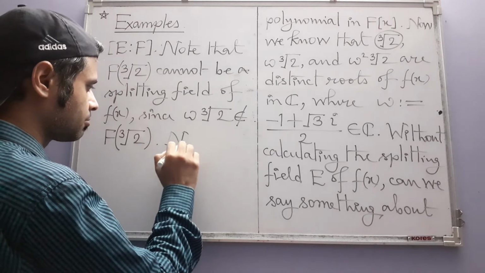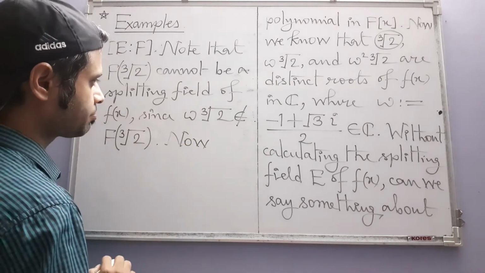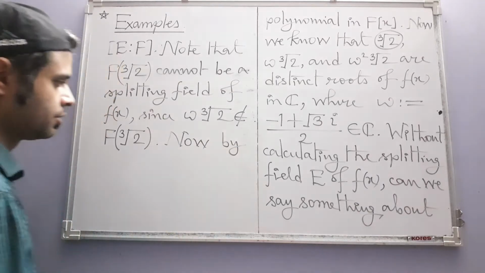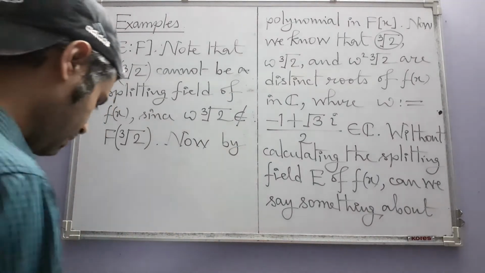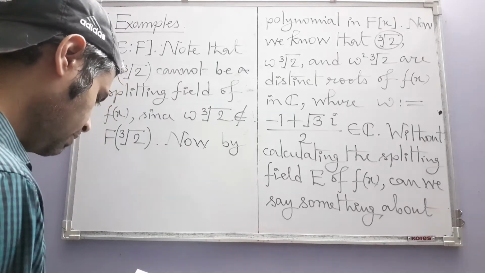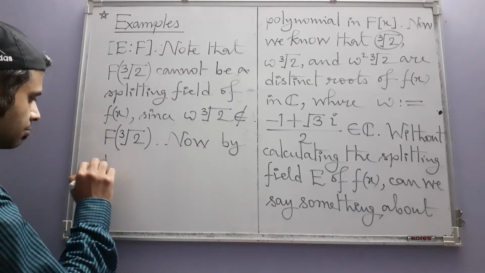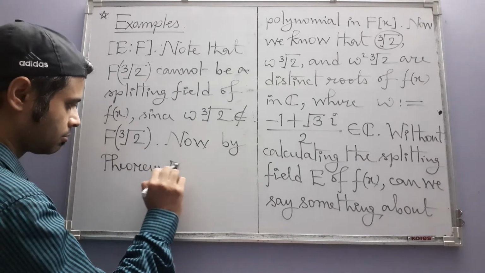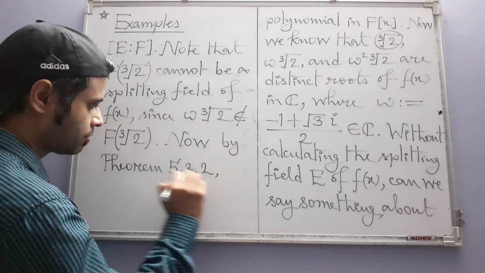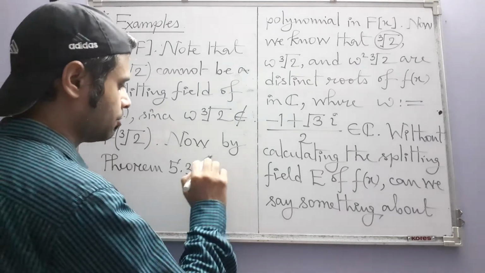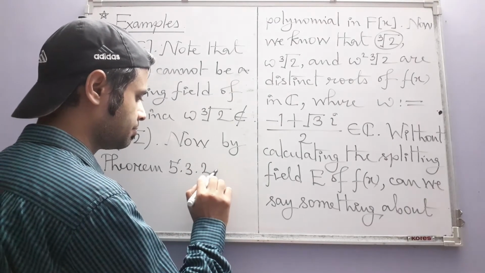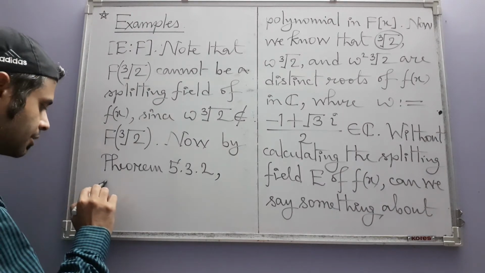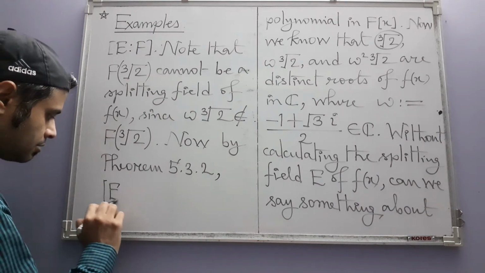Now we invoke the result that we have already seen, by theorem 5.3.2 in this section. We already know what the degree of the splitting field can be. I mean, we can say something about the degree.